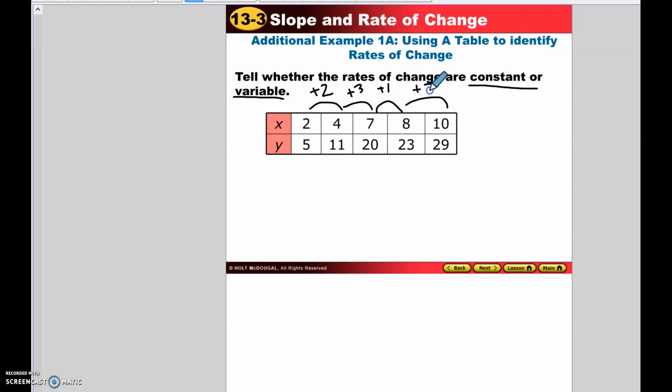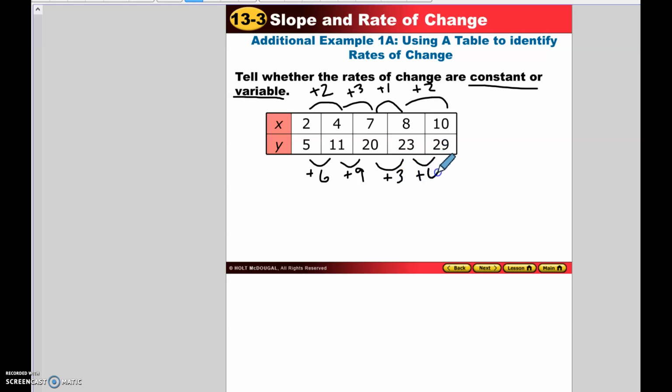Now I'm going to look at the change in y. 5 to 11, well 5 plus 6 is 11, so I'm adding 6 there. From 11 to 20, I'm adding 9. 20 to 23 is plus 3. And 23 to 29 is plus 6.